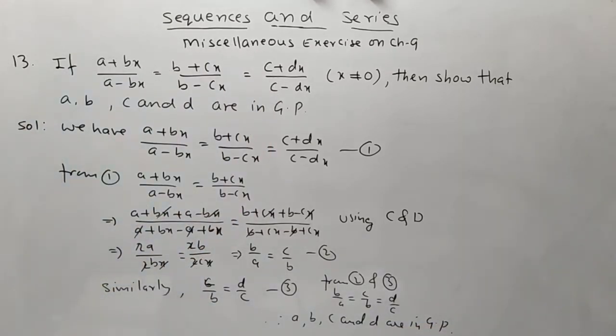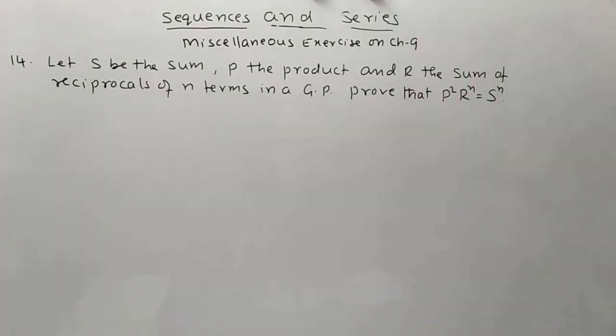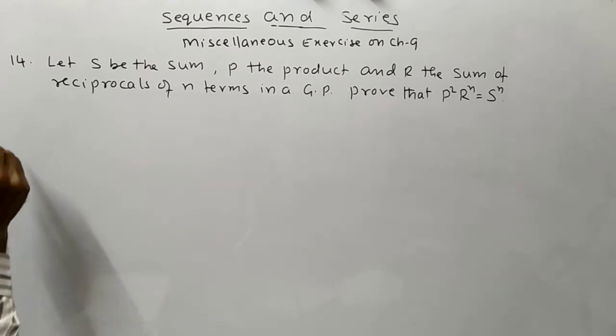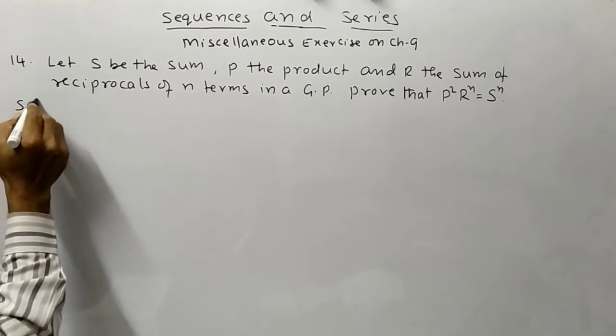Question number 14. Let S be the sum, P the product, and R the sum of reciprocals of n terms in a GP. Prove that P square into R raised to the power n is equal to S raised to the power n. Solution.